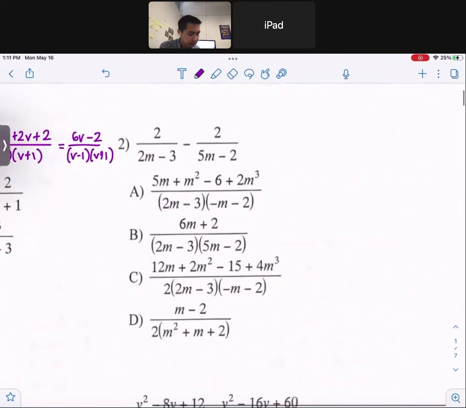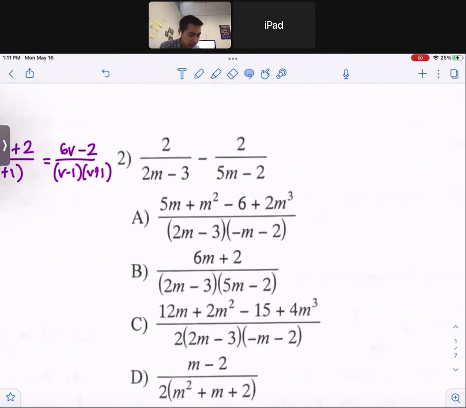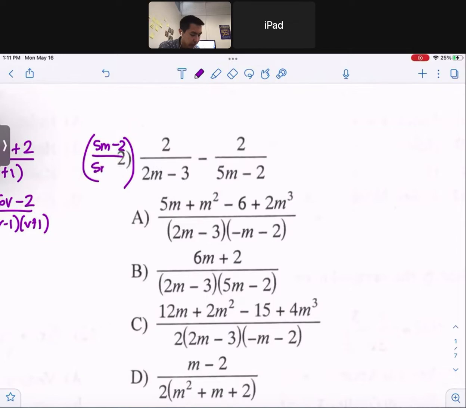Number 2. We got to get the same common denominators. On this side, it's missing a 5m minus 2, so we're going to multiply the top and bottom by that, and on this side it's missing the 2m minus 3, so multiply top and bottom by 2m minus 3.